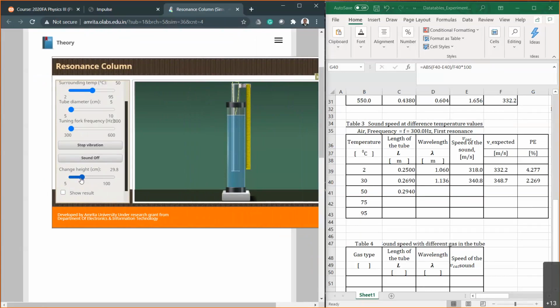And it's about the same sound all the way from 27 to 29. So that will be a problem when you're reading, right? It looks about the same sound from 27 point something all the way to about 28.5. So let's read the first starting point of the maximum sound.